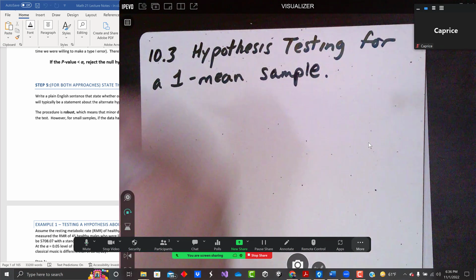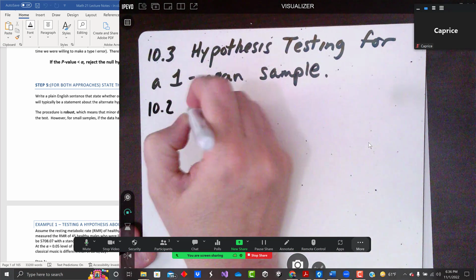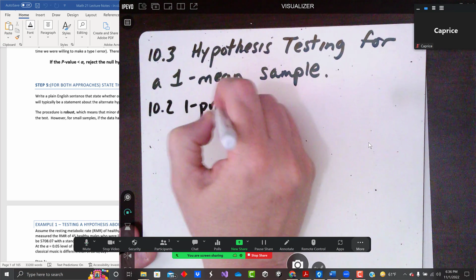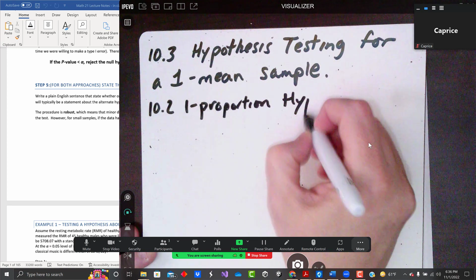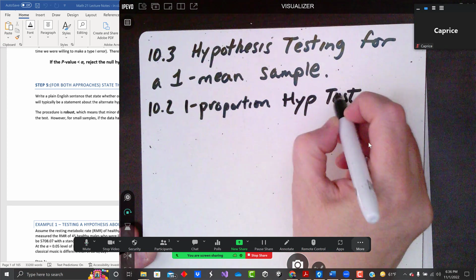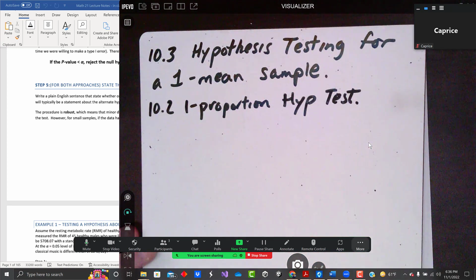Okay, 10.2, we did the one proportion hypothesis test. And so a lot of it is very, very similar.